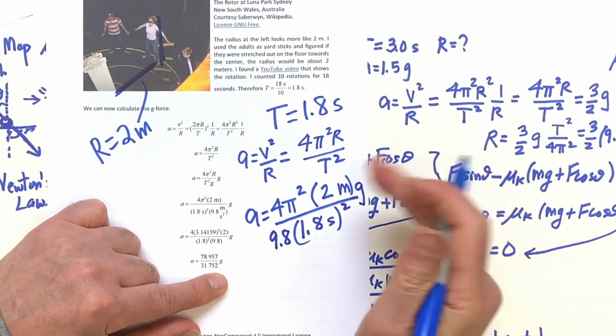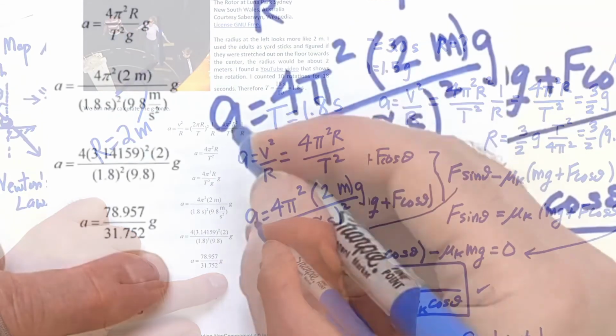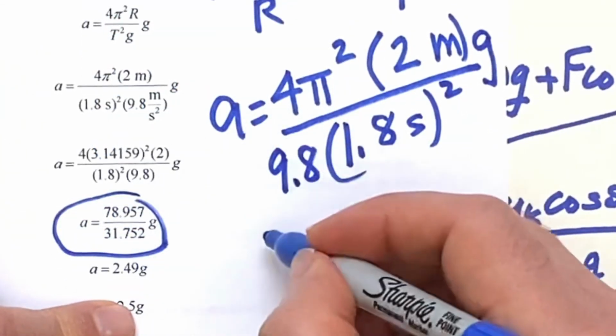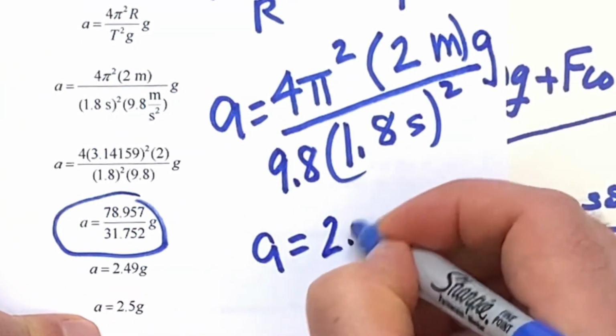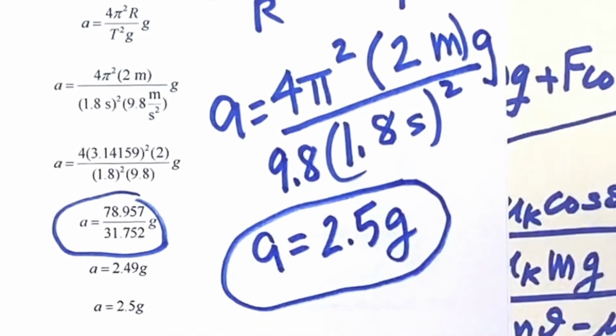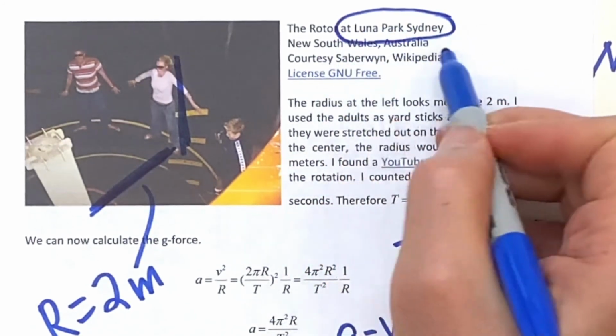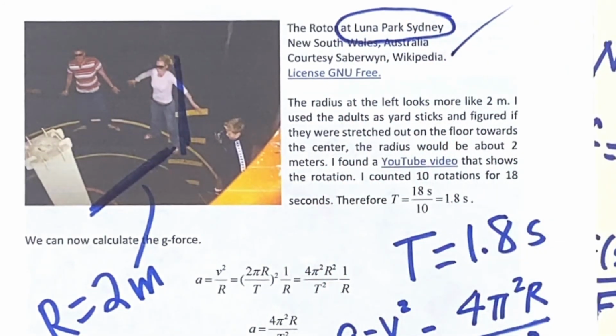So now I'm all set to get the g-force. And if I calculate that out, and it's done here for you in the notes, you get 2.5 g. See, that's pretty hefty there. That's the g-force on that ride, which we found at Luna Park, Sydney in Australia, New South Wales, Australia, courtesy of Severin, Wikipedia. Nice picture.